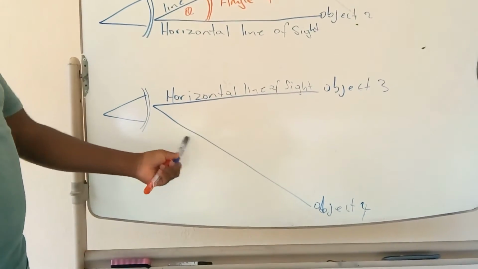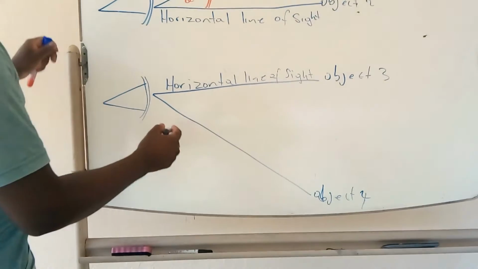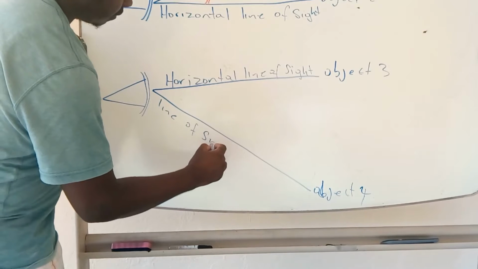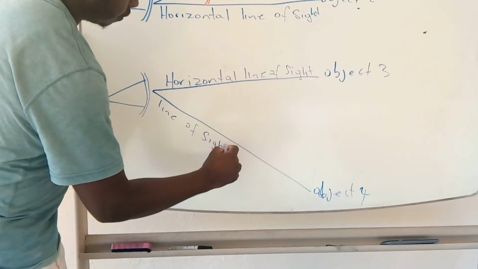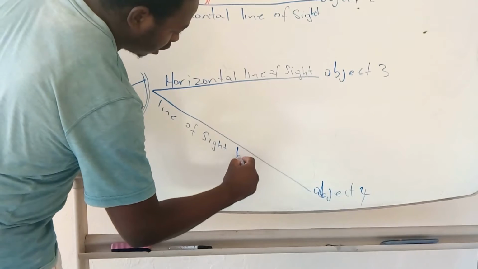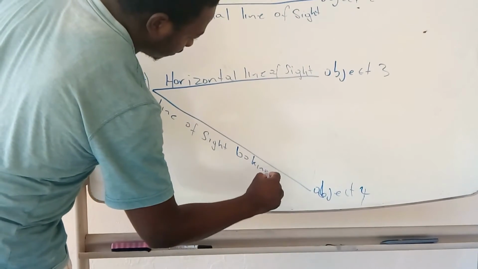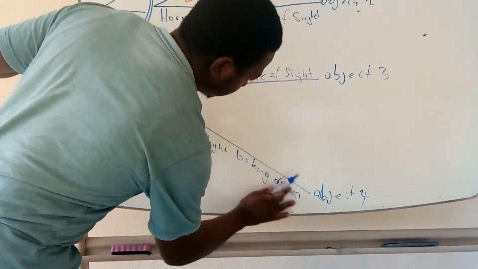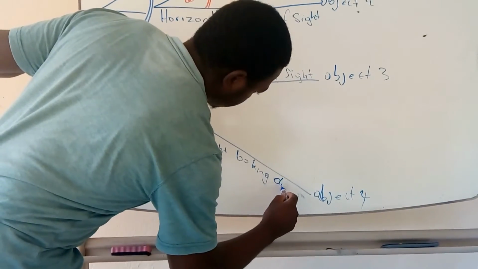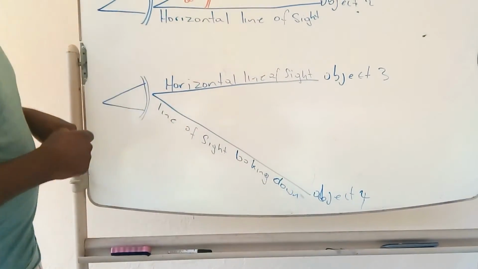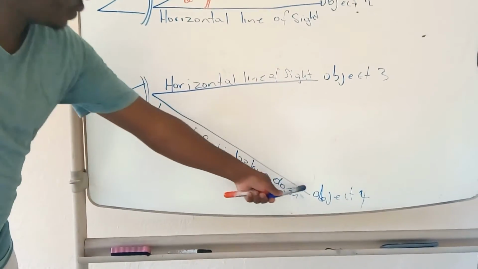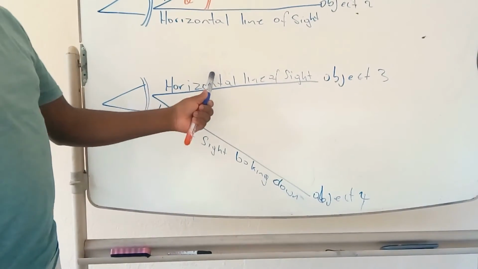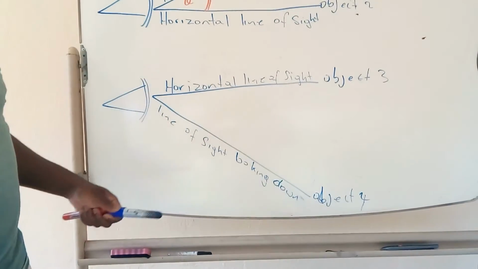What do you think this line is called? This line is the line of sight looking down. Right? So this line here is the line of sight looking down, but you still have the horizontal line of sight looking straight ahead, right?